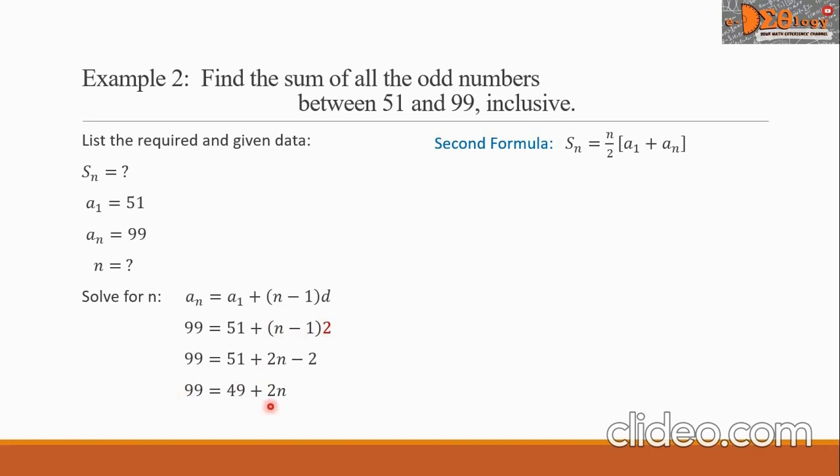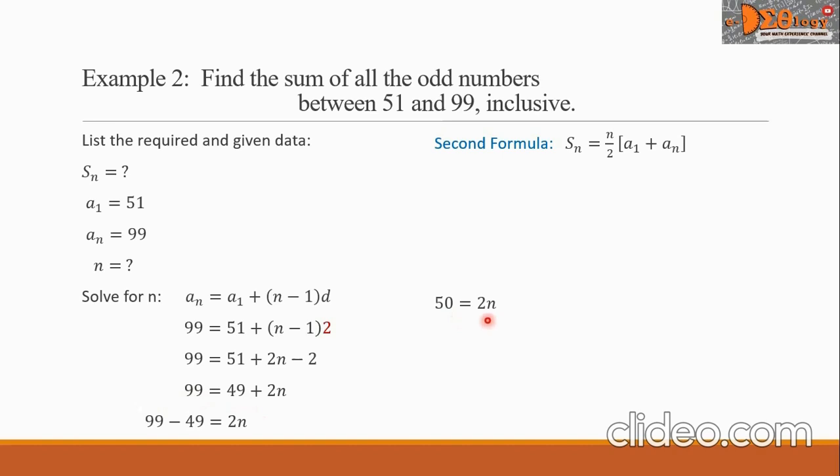Let us isolate the 2n. This 49 must be transposed on the left side. So from positive, it becomes negative. So 99 minus 49 equals 2n. So the difference is 50 and this is equal to 2n.